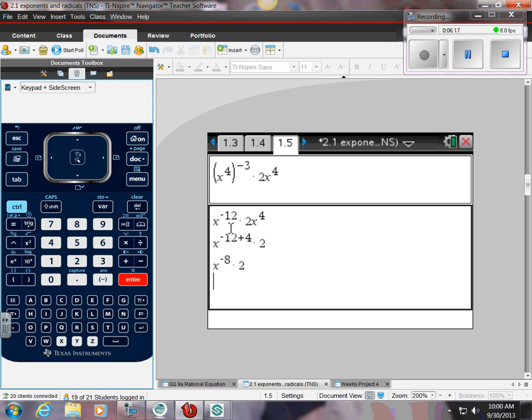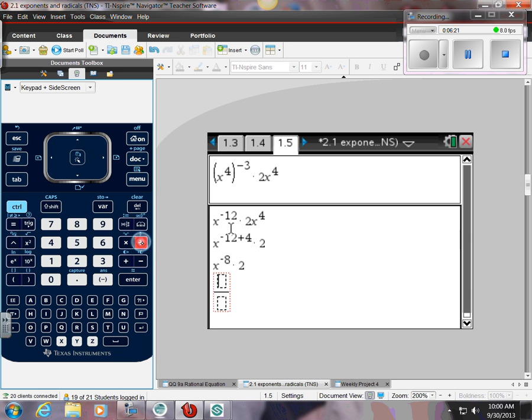Put it in the denominator. Where's that 2 go? It stays in the numerator. Why does it stay in the numerator? What's the exponent on that 2? 1. Is it a positive or a negative? So would I move it? No. So it stays right where it is. So it becomes 2 over x to the 8th power. Did somebody do it another way and still get it right?